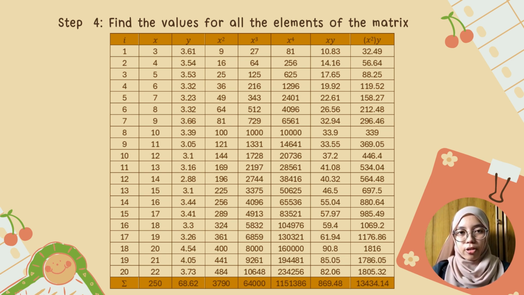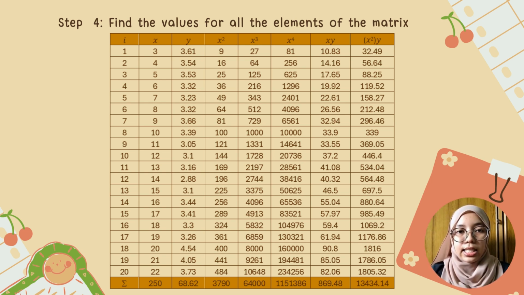We use this matrix equation to search for a0, a1, and a2. Then, we go to step 4 to find the values for all the elements of the matrix. This table is the calculation of x squared, x cubed, x to the power of 4, x multiplied with y, and x squared multiplied with y for each data.